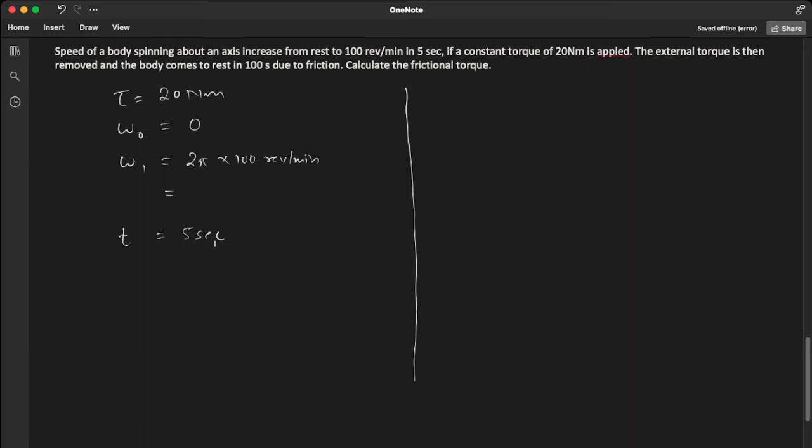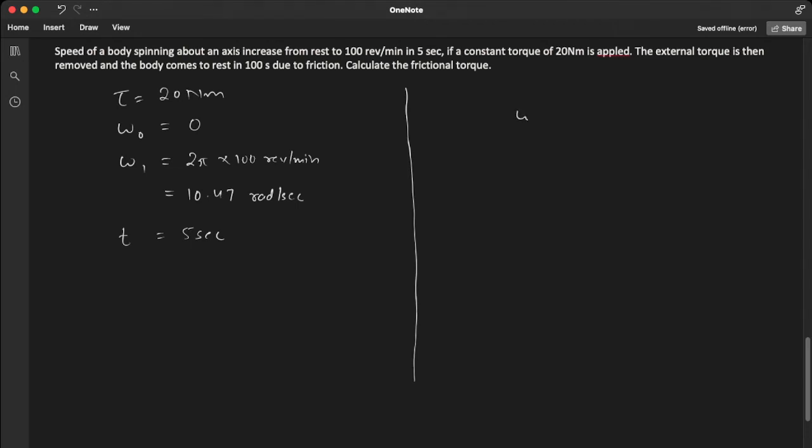So omega 1 will be equal to 10.47 radian per second. The second part is that when that external torque was removed, the body starts to come to rest.